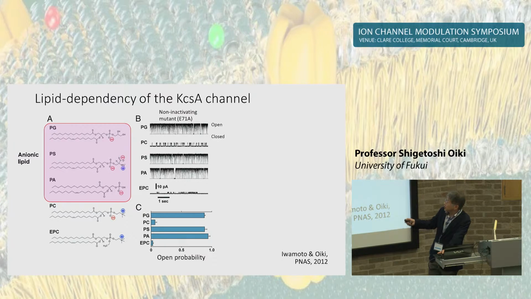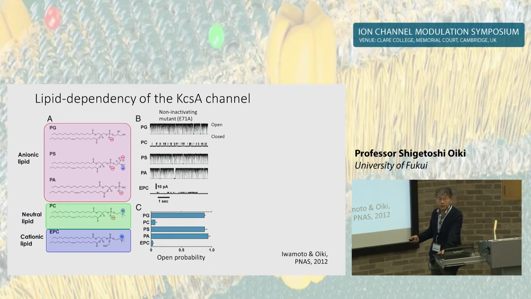These are the other lipids. These lipids are anionic lipids, and these are neutral. And this is another kind of phospholipid, but positively charged. So by changing the charged condition of the head group, the single channel recording shows different types of activity.